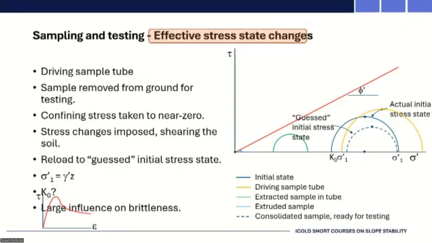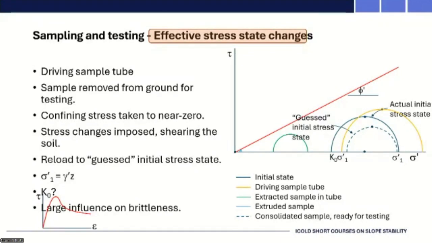And so the point, it's a pity I don't have a pointer to light on or point on the screen, but the dark blue circle which says initial state is what we guess the initial stress state to look like. We can usually guess the vertical stress in the soil quite accurately from self-weight and the depth where we are, but we are very uncertain about the horizontal stress. So we have to make some kind of a stab as to what the value of K0 would be. That concerns or affects the size of the Mohr circle.